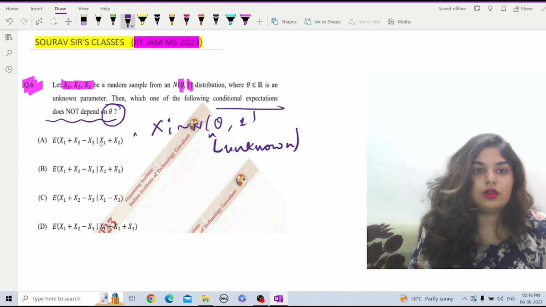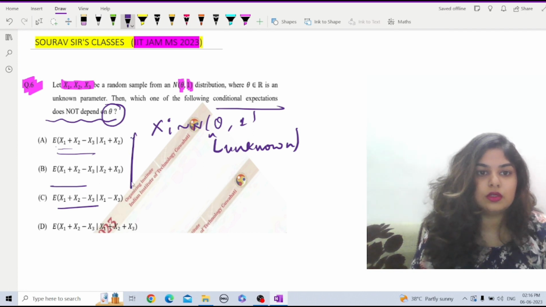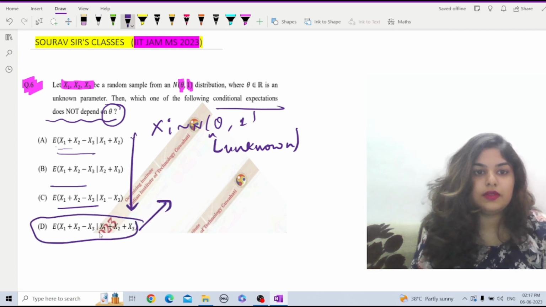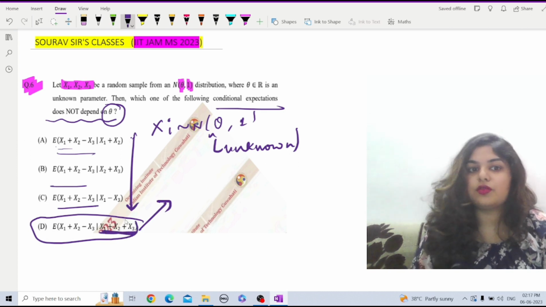Okay, so here we can see that the first probability of expectation, these are all summations. So now we will start with the last option, because here we have the sum of X1, X2, X3, that is all the three variables from the sample.